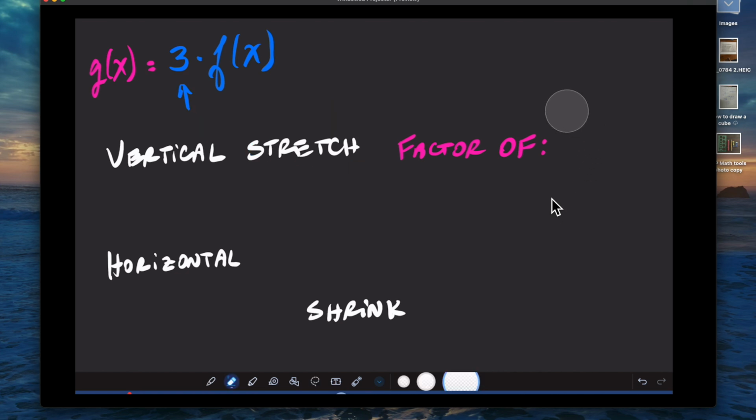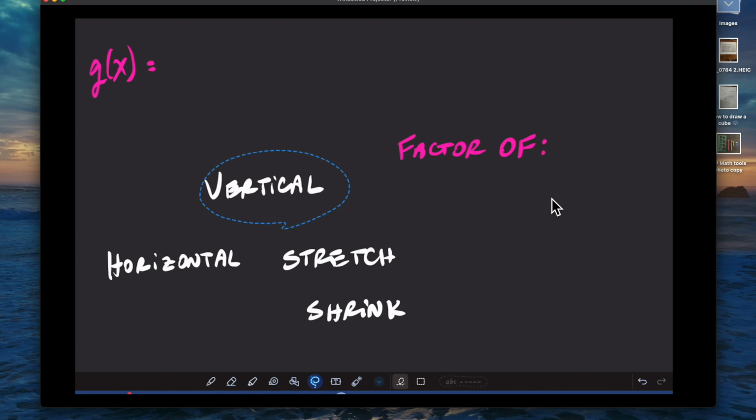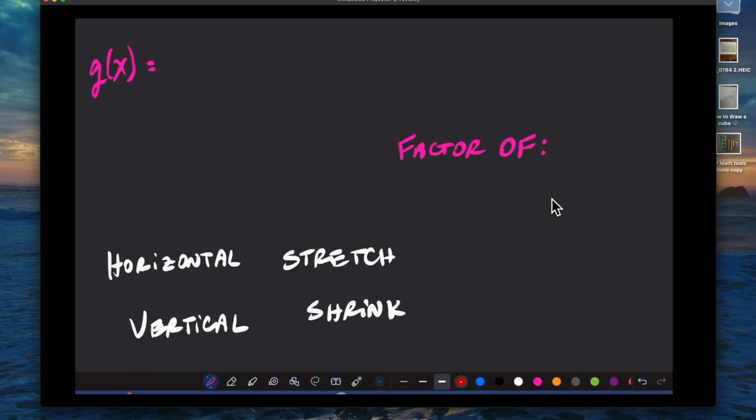Okay, let's do one more. Here, we're going to do f of 4x. Okay, first thing we're going to do is we see an inside guy. That means this is horizontal.